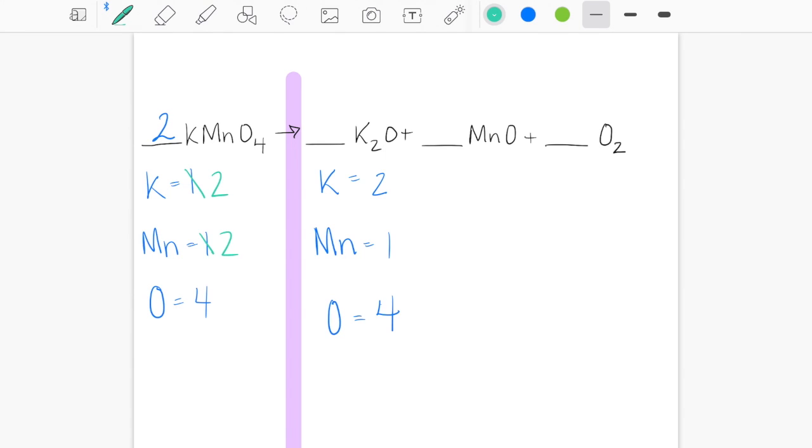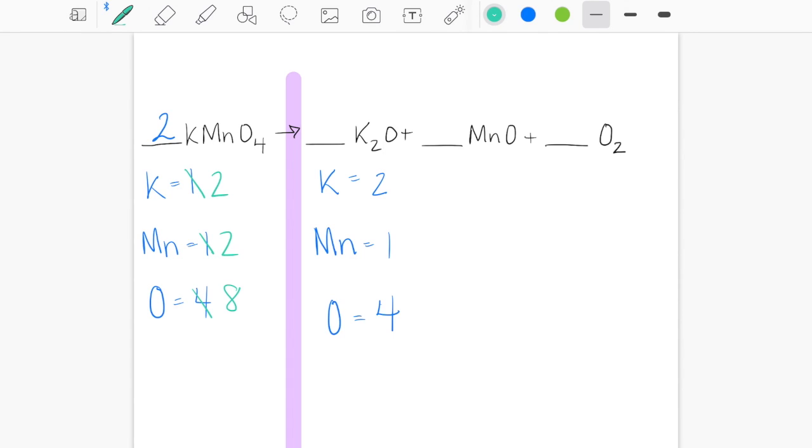My 2 times my 1 magnesium will give me 2, and then my 2 times my 4 oxygen will give me 8, okay? So yes, we did balance out the potassiums, but now the magnesium and the oxygens are kind of all messed up. So let's take care of magnesium next.